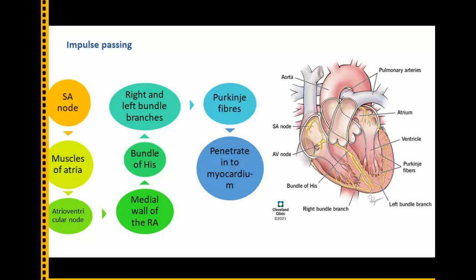Then it divides into right and left bundle branches. Then from these bundle branches, they become the Purkinje fibers. And these Purkinje fibers penetrate into the myocardium and give these impulses to the whole myocardium.